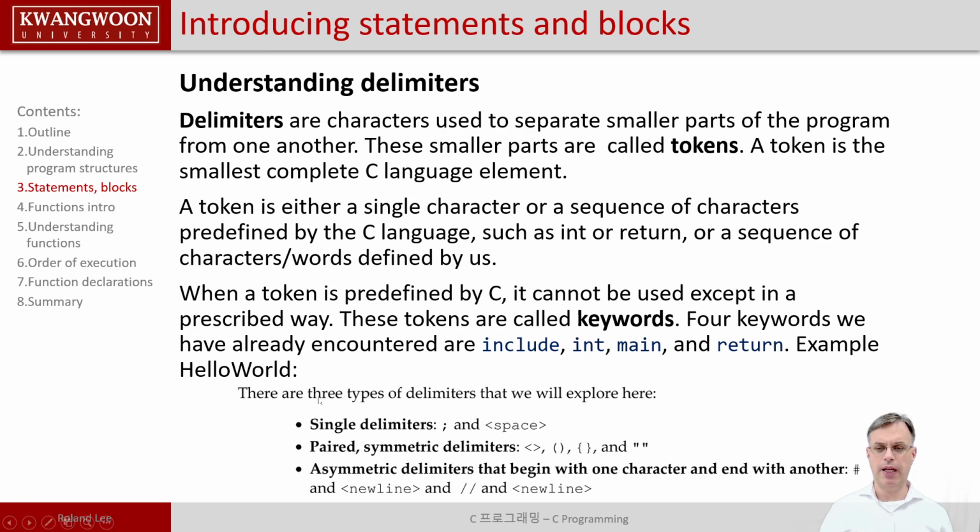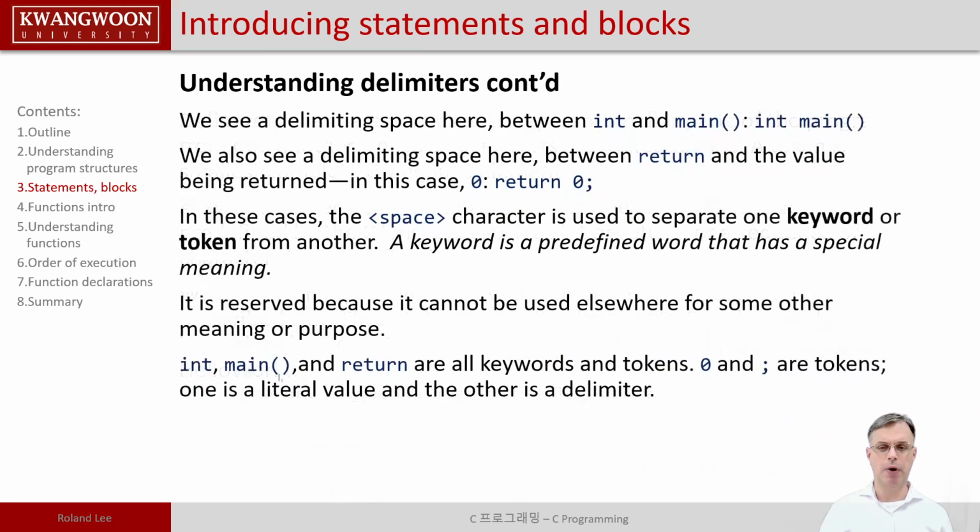Each of these has a specific use. Most of them have a unique, unambiguous use. That is, when you see them, they can mean one thing and only that one single thing. Others have slightly different meanings when they appear in different contexts.